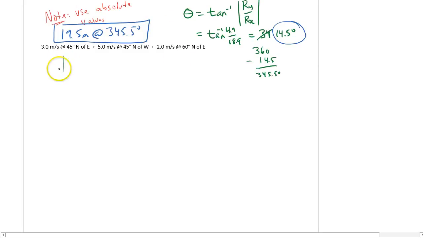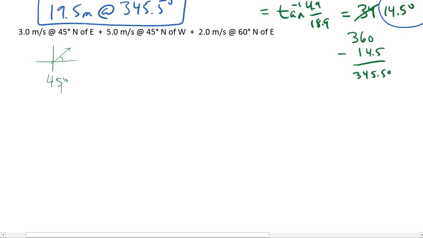Okay, 45 degrees north of east. If it's in quadrant 1, in terms of counterclockwise from east, it is still 45 degrees. So that's no problem. For the second one, it is 45 degrees north of west. Now 45 degrees north of west, my counterclockwise from east is going to be equal to 180 minus 45.